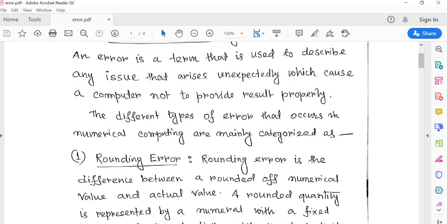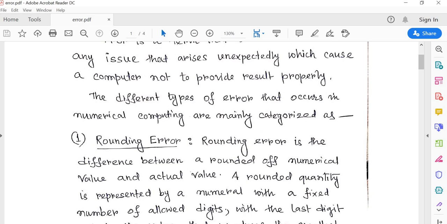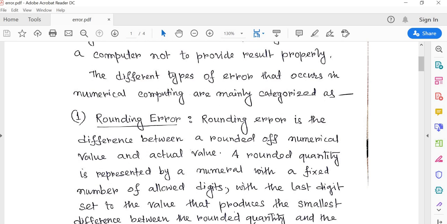First one is rounding error. So what is rounding error? I think you have heard about it. Rounding error is the difference between a rounded-off numerical value and the actual value.